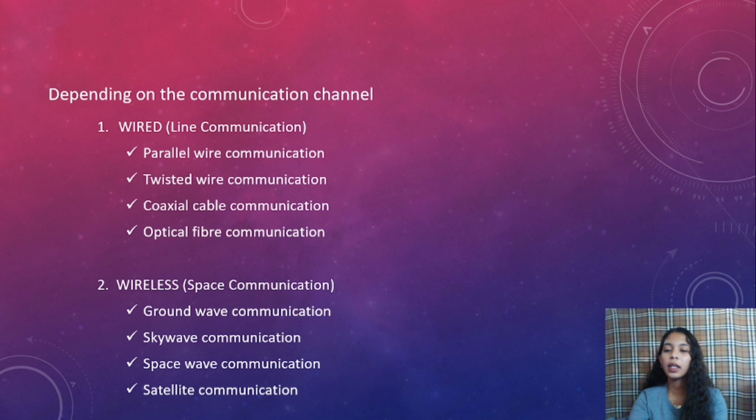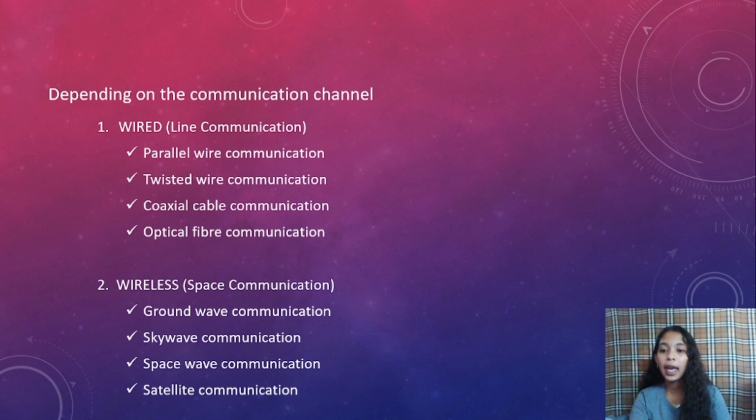The wired communication is a broad term that is used to describe any type of communication process that relies on the direct use of cables and wires to transmit audio and video.